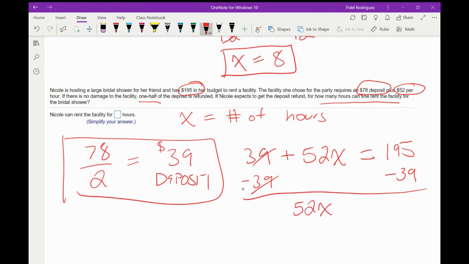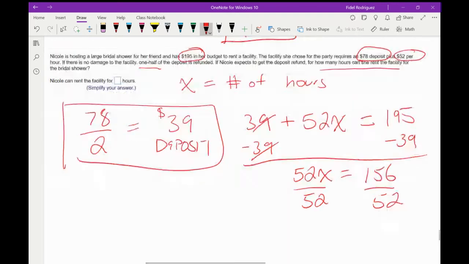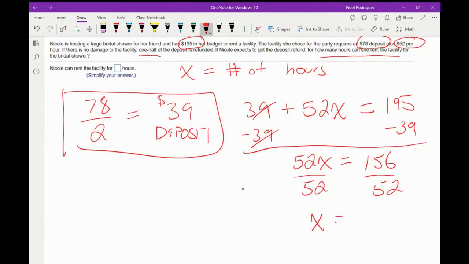So I'm going to get rid of those, and that'll leave me with 52x is equal to, and we'll take our calculator, 195 minus 39, and I'm coming up with 156 right here. And then our last step is to divide everything by 52. So we'll take 156 and divide it by 52, and I'm coming up with a nice pretty number like 3.